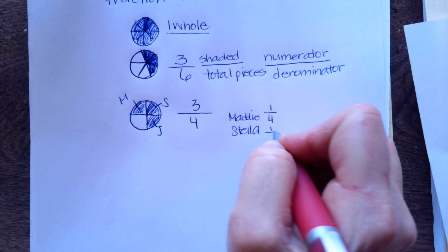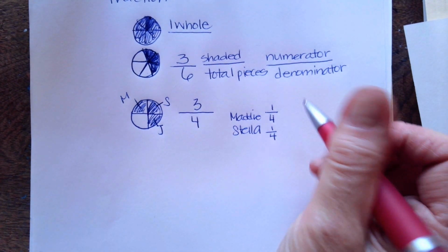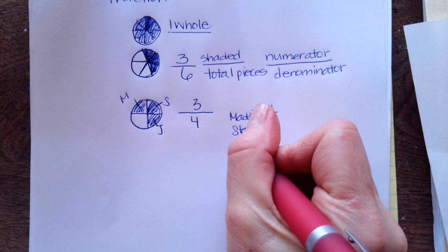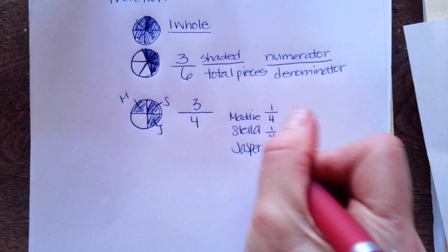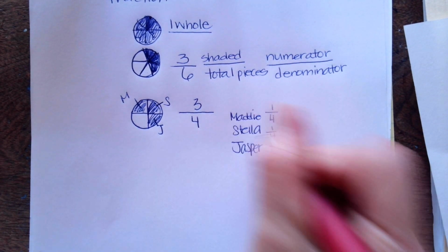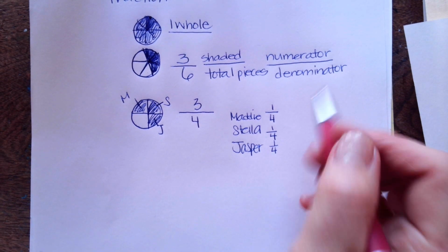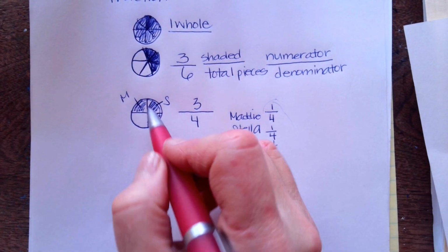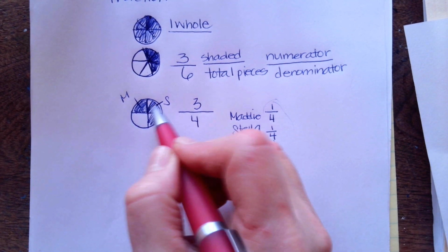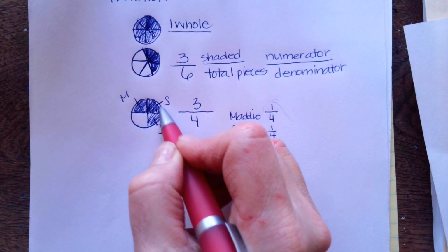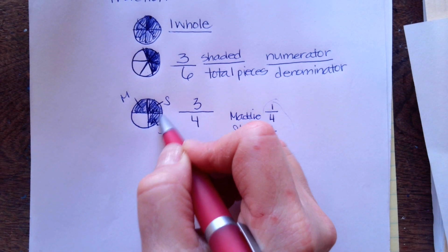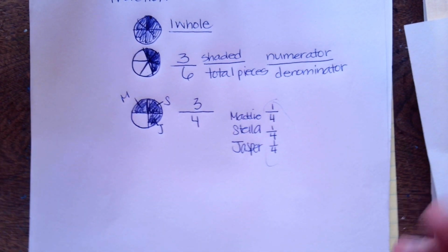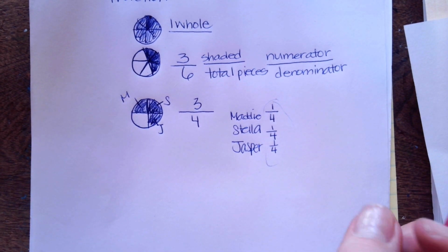You had 1 out of 4. And then Jasper had 1 out of 4 as well. So these are all fractions, and they're all less than 1 because we didn't eat a whole pizza or a whole pie, right? We only ate a piece of it. So that's all that a fraction is.